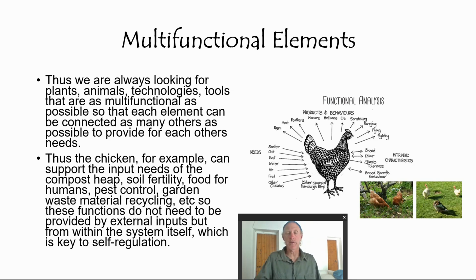And so these particular functions no longer need to be provided for by external inputs. They are provided for internally by virtue of just making good connections between the chicken and the other elements in the system. And we're going to learn how to do this in the design phase of this course.